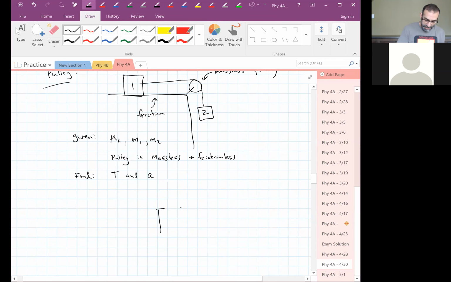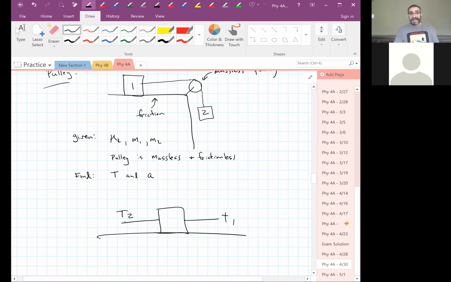If I had a box here, and there was a string pulling on this side and a string pulling on this side, and the box is moving, but it's not accelerating, we know T1 equals T2, right, if there's a frictionless surface. And if the box is accelerating in this direction, we know T1 would have to be greater than T2, right?